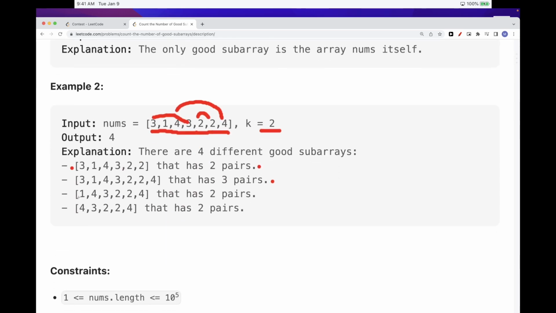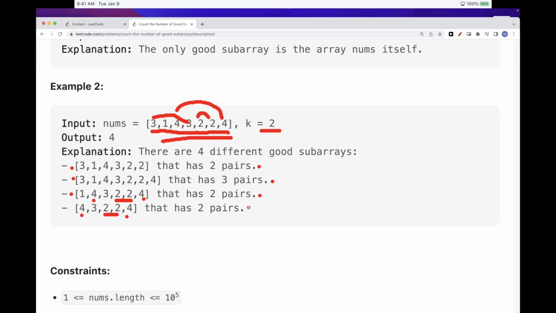If we take a look at this example, we move right by 1, then we have 2 2s and 2 4s, so it's valid because we have 2 pairs. So we count it, and then we move right again, and at that point we would have 4 2 times, and then 2 2 times, and so that's 2.